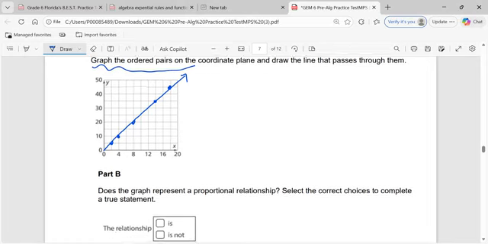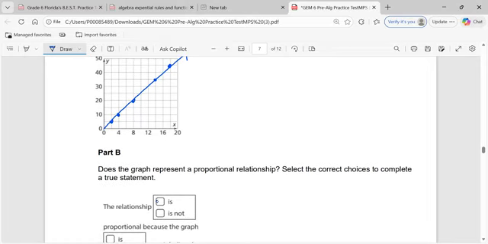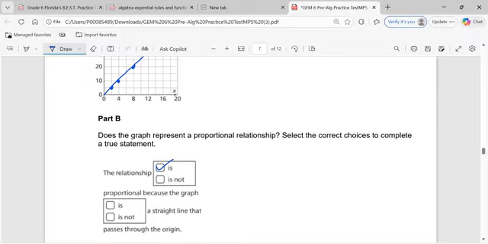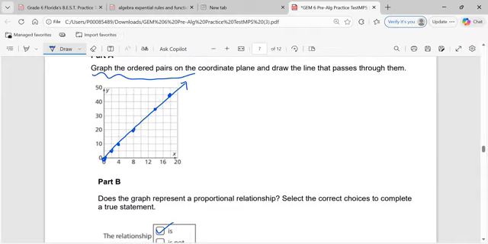Part B says, does this represent a proportional relationship? And the answer is yes, it does. It is proportional because the graph is a straight line that passes through 0, 0, the origin. If it goes through 0, 0, it's proportional.